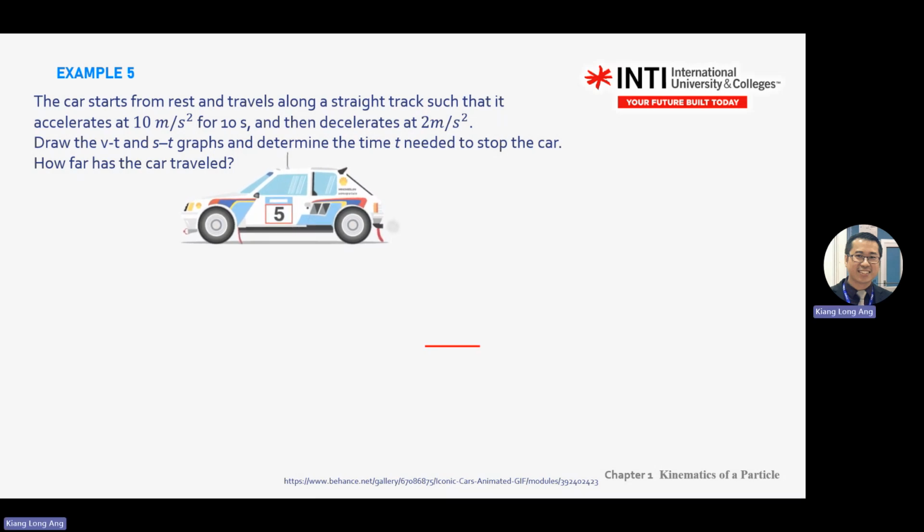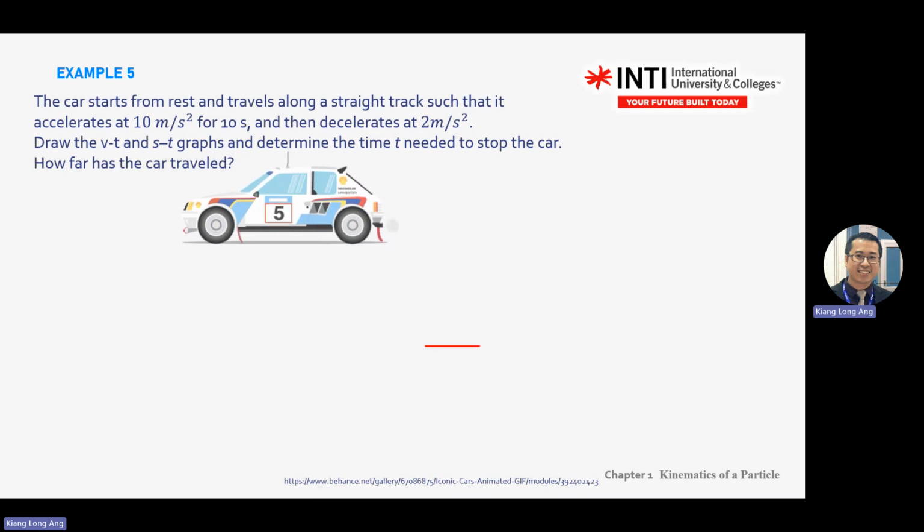I already laid out the one for you. So try to think how you can solve this kind of question. First, you draw the graph first, of course. You draw the three graphs first because in this case, although it didn't ask you to draw the a-t graph, it gives you the acceleration.